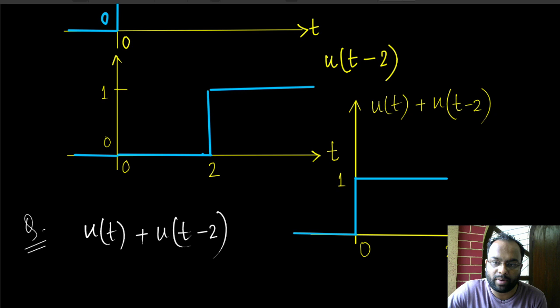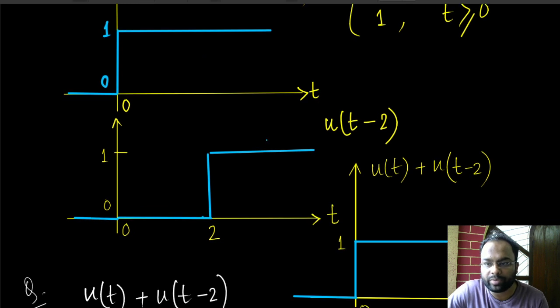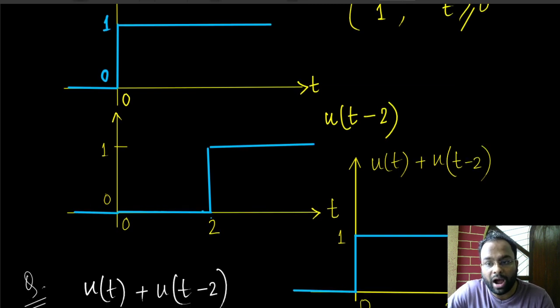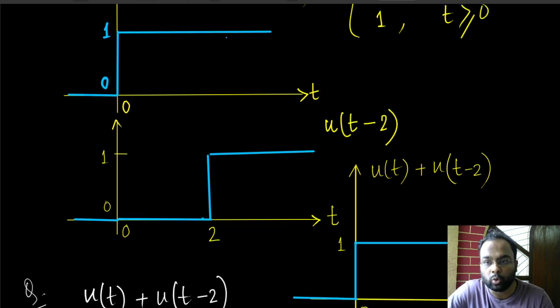And we are summing u(t) with u(t minus 2). So after t equal to 2, the sum will become 2, because this signal has a value of 1 and this signal also has a value of 1.